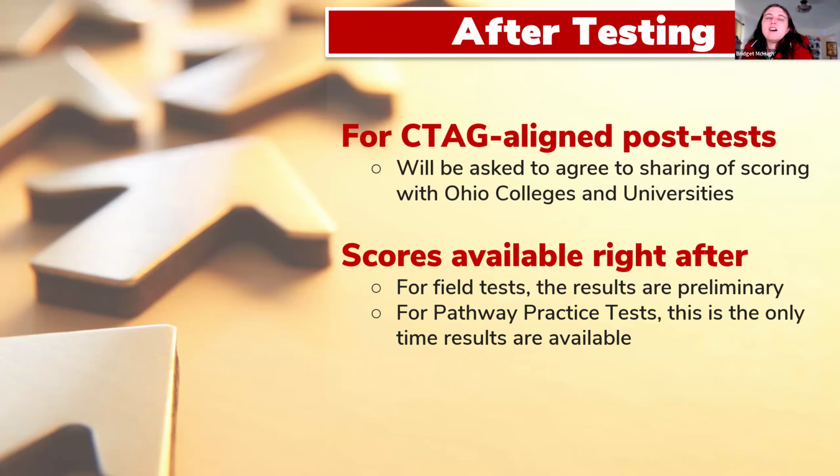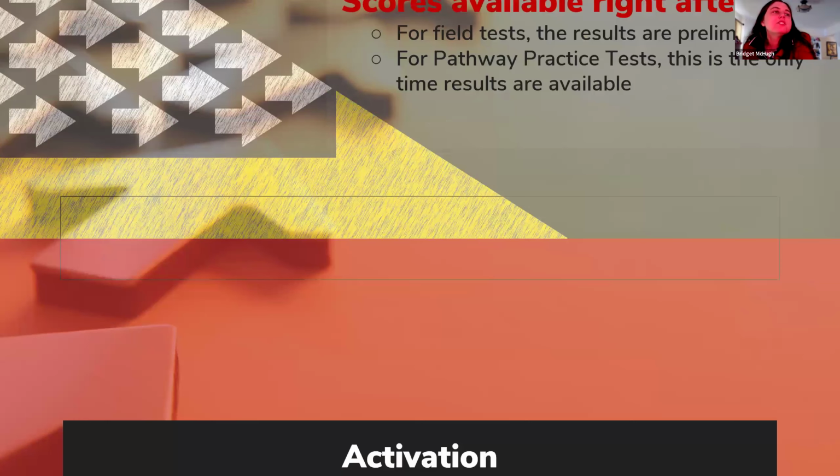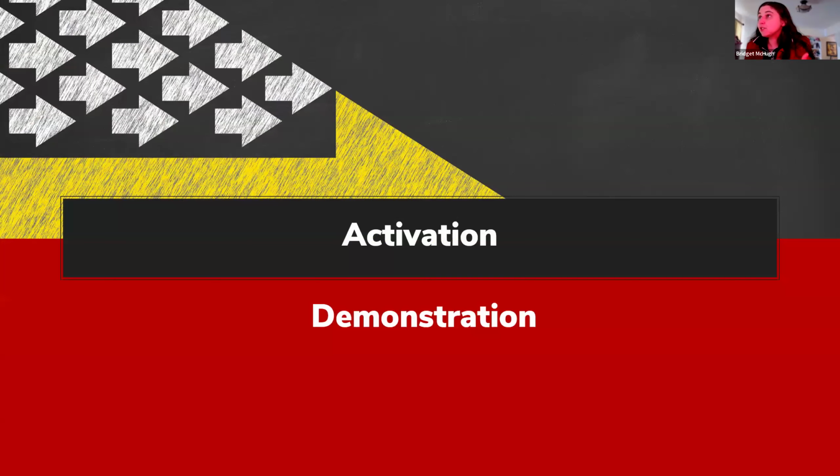That said, students are allowed to retake the practice tests because the scores don't really count for anything. It really is just for practice. So if they didn't know their score, technically they could retake it. But just be aware that they won't be able to see it after that. So that covers proctoring.